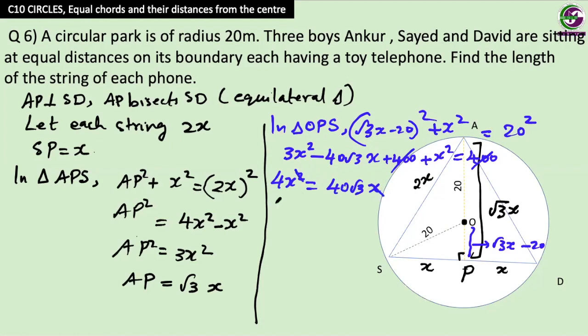Dividing x on both sides, we will get 4x is equal to 40 root 3, or x is equal to 40 root 3 by 4, x is equal to 10 root 3.